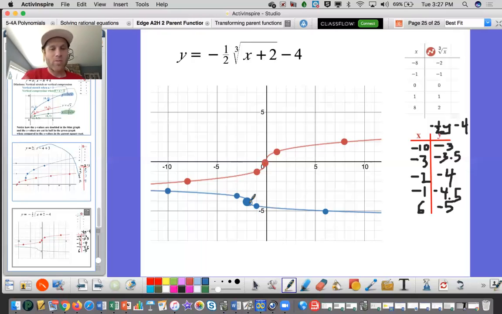And that looks almost like a reflection across the y, but it's not. It's because of the fact that it was translated also. It was translated 2 units to the left and then 4 units down. So technically it's this guy. That guy is that guy, right? 2 units to the left, 4 units down, 1, 2, 3, 4 units down, and then the compression of 1/2.